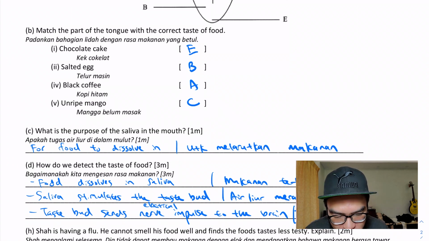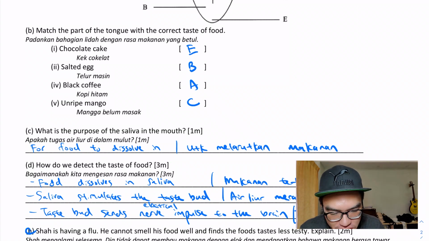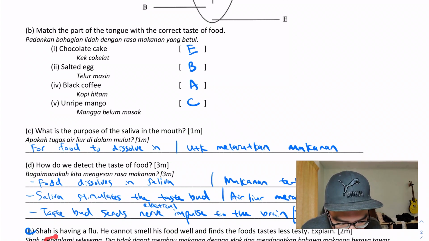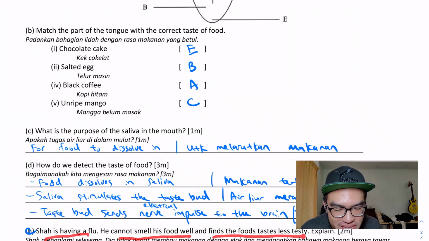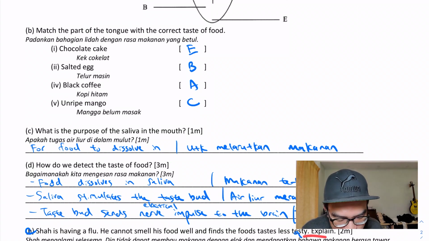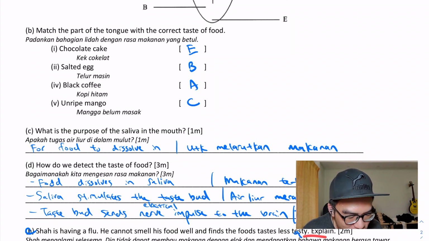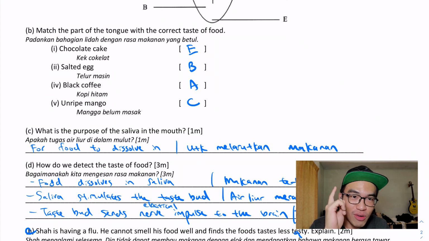Moving on. Question H, or this should be a question E. My mistake. Alright, Shah is having a flu. He cannot smell his food well and finds the food less tasty. My mistake again. Explain. Shah mengalami selesema, tidak dapat membawa makanan dengan elok, mendapatkan bawa makanan berasa tawar. Jelaskan. So this is what we were talking about.